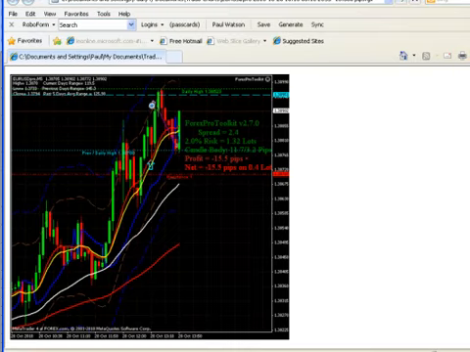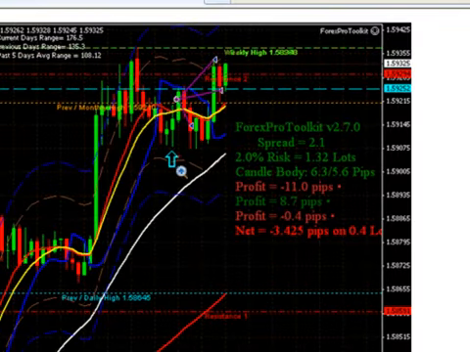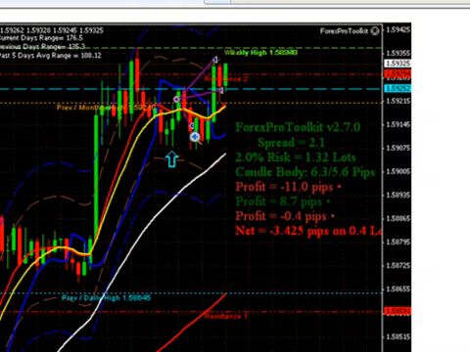You got in the trade right here, that was the break-even point, and it immediately turned south on me, and I got stopped out here. So we want to look at the other one. You can see that I got in here and had partial loss here at minus 11 pips, and then I had a profit of 8.7 and then closed at this point here.